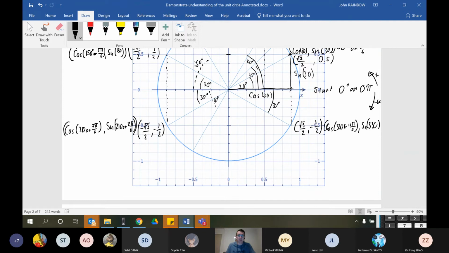If you think about the degrees of this, that's going to be 180 plus 60. So it's going to be cos 180 plus 60, which is 240. Or I could call it pi on 3, 2 pi on 3, 3 pi on 3, 4 pi on 3.